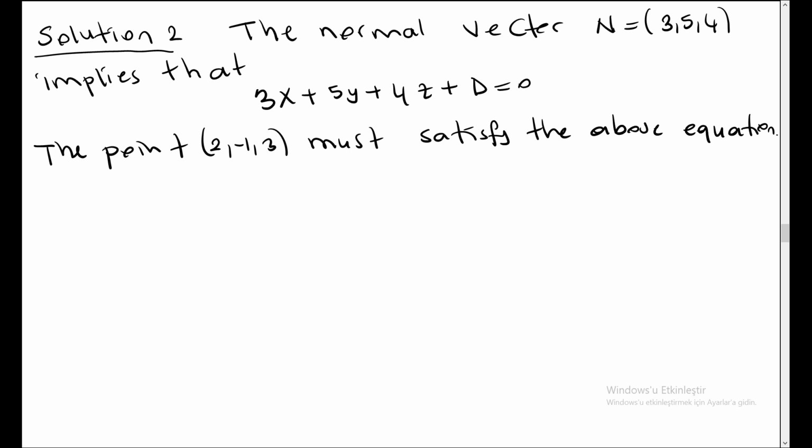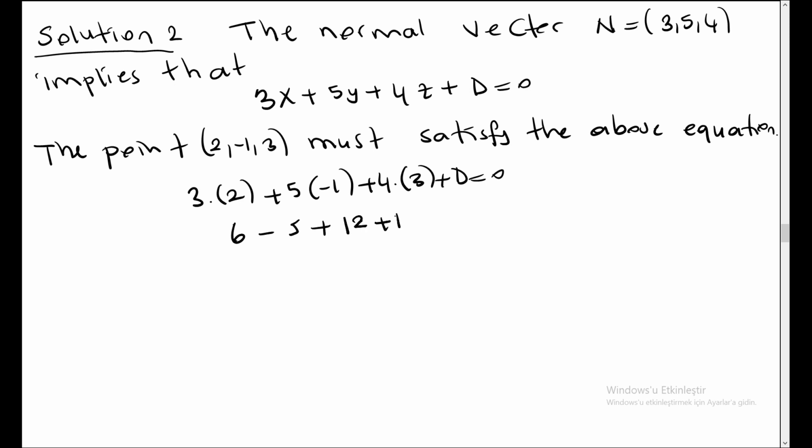So when you put this point in this equation, the equation is satisfied automatically. So let's put it in: 3 times 2, 5 times negative 1, 4 times 3, plus d will be 0. So 6 minus 5 plus 12 plus d will be 0, so d will be negative 13.